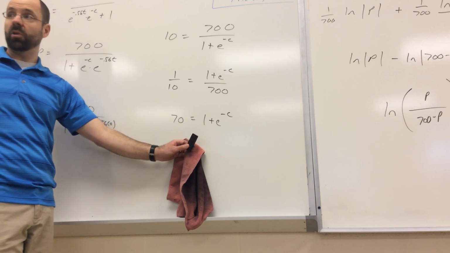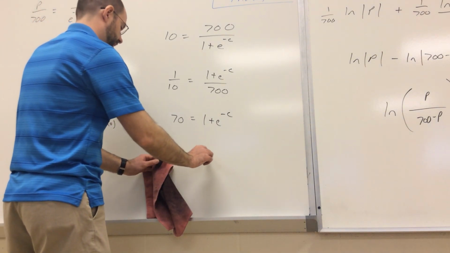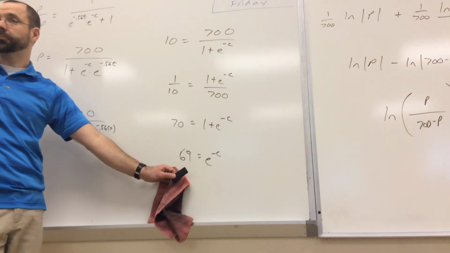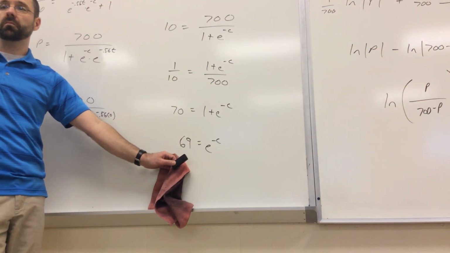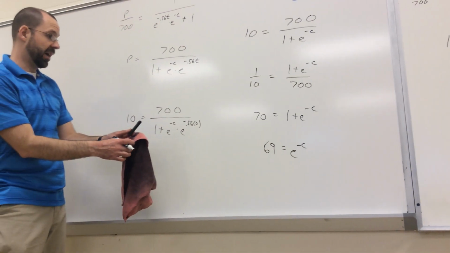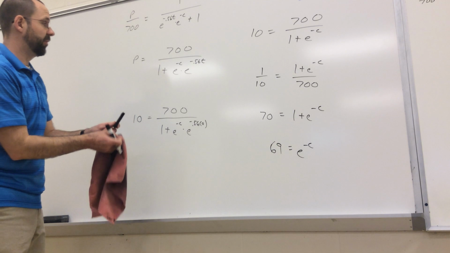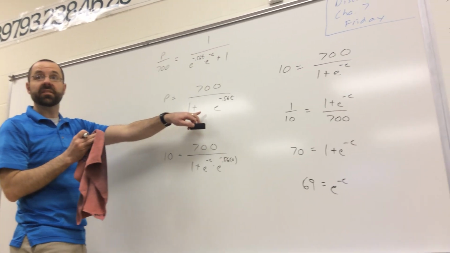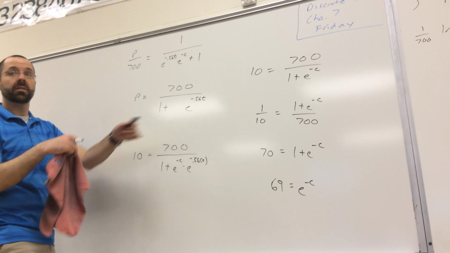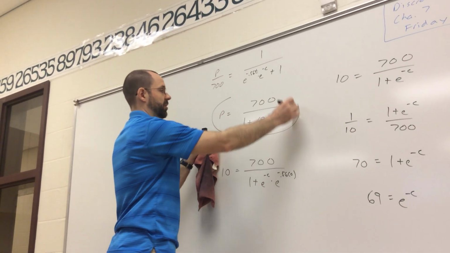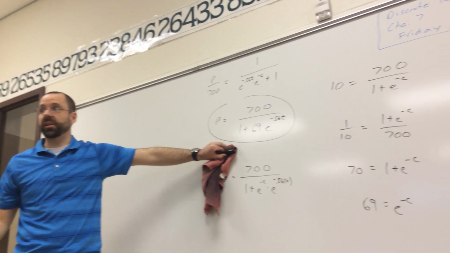And then I'm going to subtract 1. So that tells me that e to the negative c is 69. All right, so now I have a nice solid final answer. That was e to the negative c sitting right there, right? I just found out that this whole equation is my final answer.